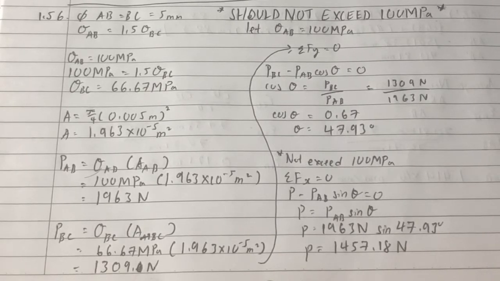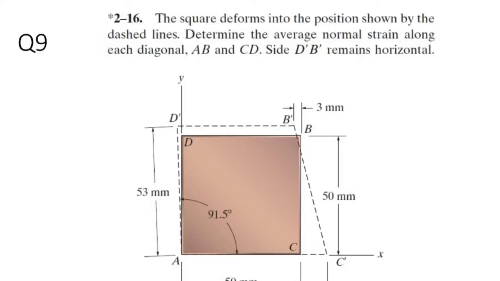So moving on to question 9. You can pause the video to read and understand this question first. Okay, so let me continue. Here we can find the diagram, which is a square, and it will stretch out and become a shape of a rhombus.